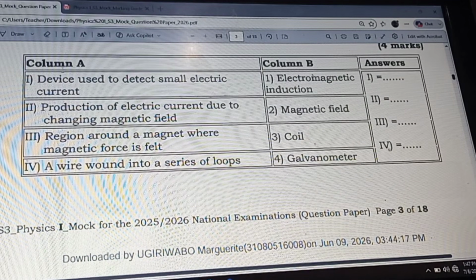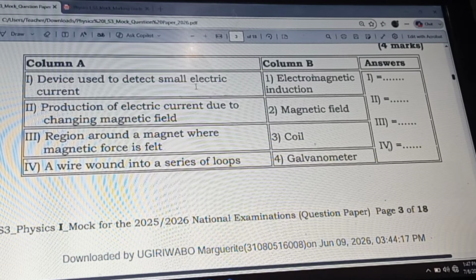In column A, we have: a device used to detect small electric charge. This is column B. The device used to detect small electric current is matched to IV, galvanometer. A galvanometer is a device that is used to detect small electric current.